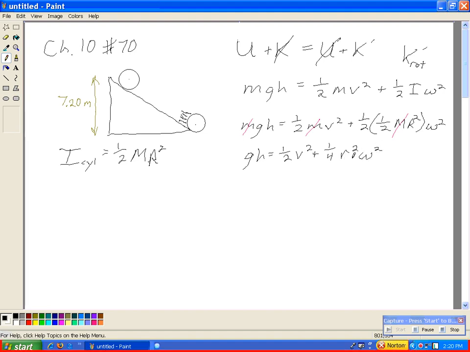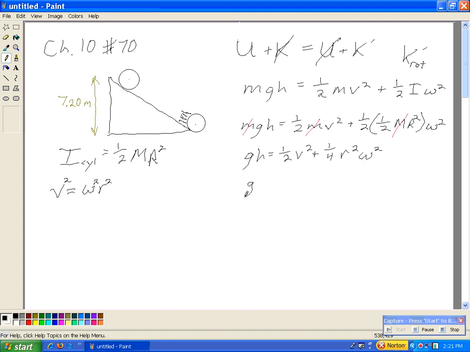R times omega, does that look familiar? The tangential velocity is omega times r. So if we square it, that's what happens.